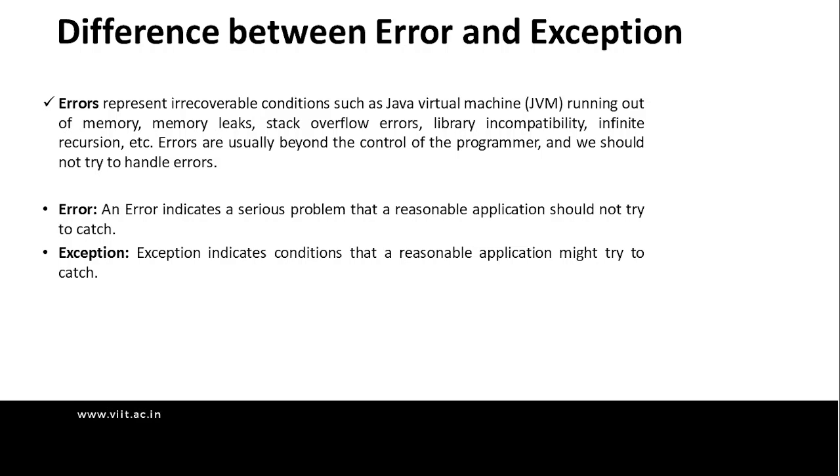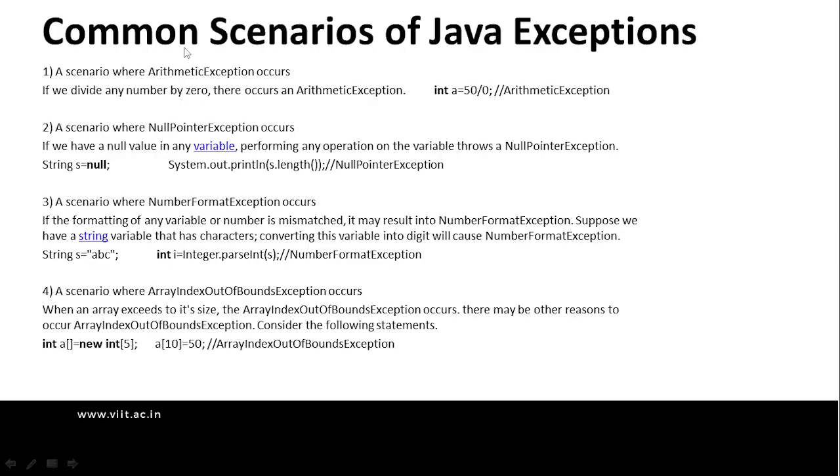Errors are usually beyond the control of the programmer and we would not try to handle them. An error indicates a serious problem that a reasonable application should not try to catch. An exception indicates a condition that a reasonable application might try to catch.